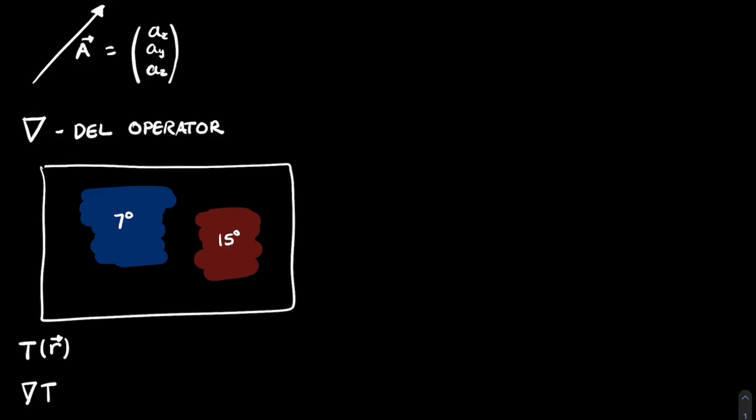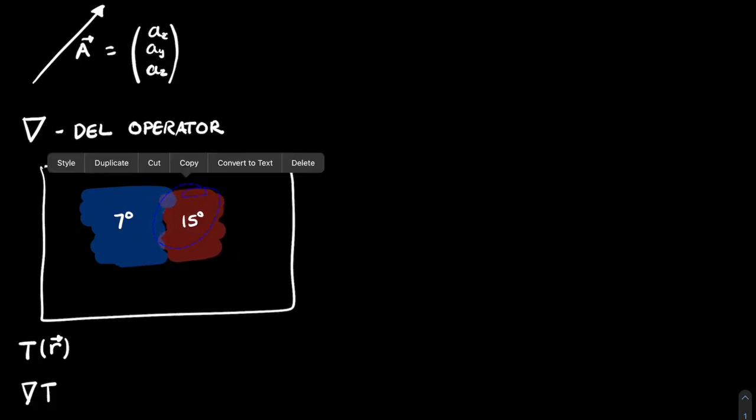And so obviously, if you have a sharp temperature gradient, so say it's 15 degrees in this part of the room and 7 degrees in this part of the room, there's going to be a really sharp heat flow from here to here.